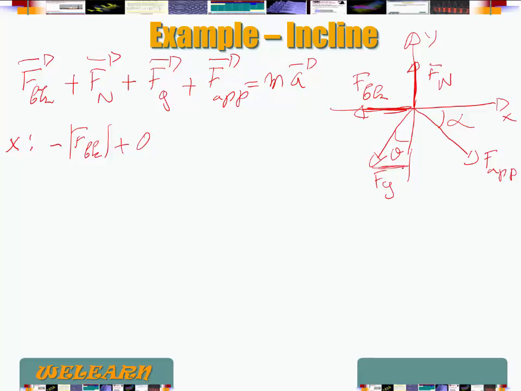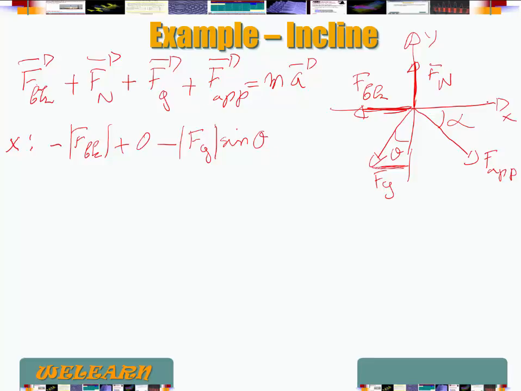Fg is going to have this component along the x, so that's going to be minus. It's in the third quadrant, pointing in the negative direction, so it's minus the magnitude of Fg times the opposite to the angle theta, so that's sine theta.